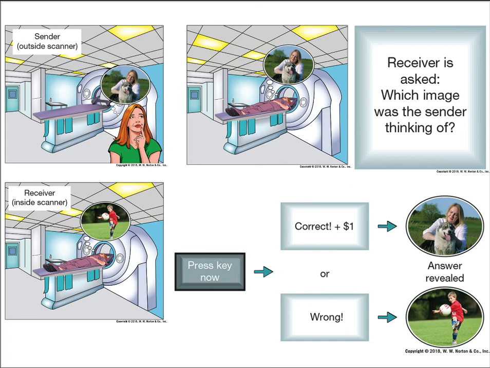The receiver was also shown the picture the sender was thinking about. The fMRI was also recording the receiver's brain activity in response to both images. The receiver was then asked to identify which of the 2 images the sender had in mind. For a correct answer, the receiver earned $1, an incentive for trying to receive the sender's message.